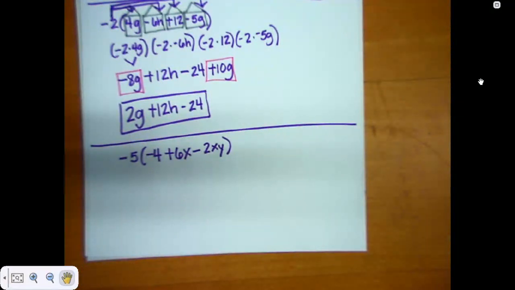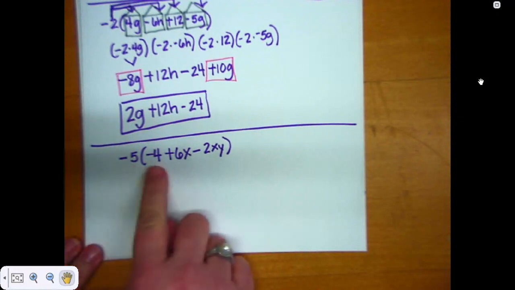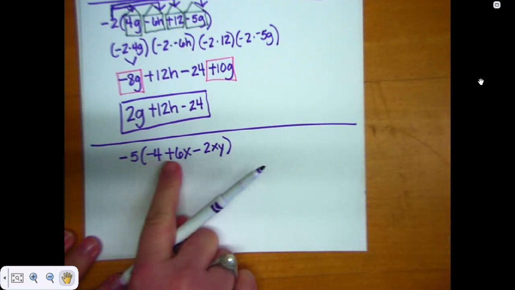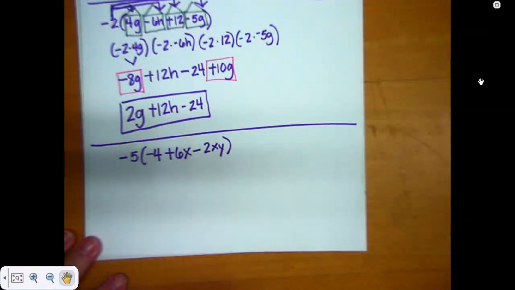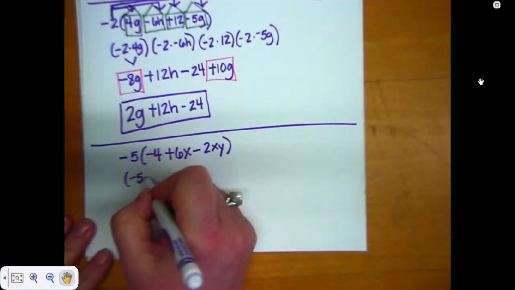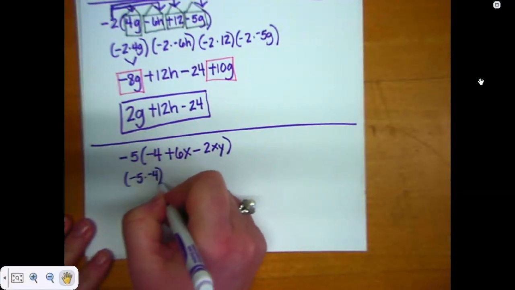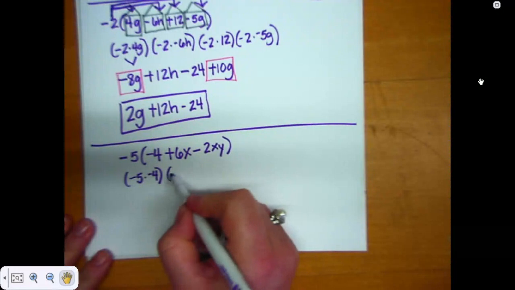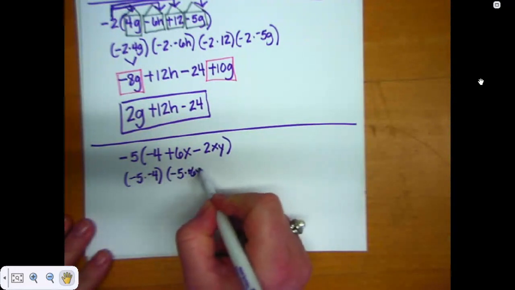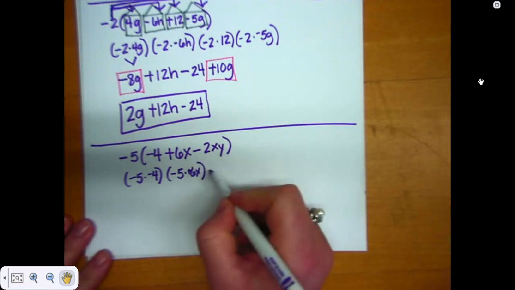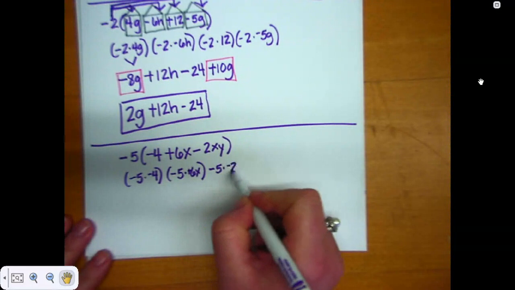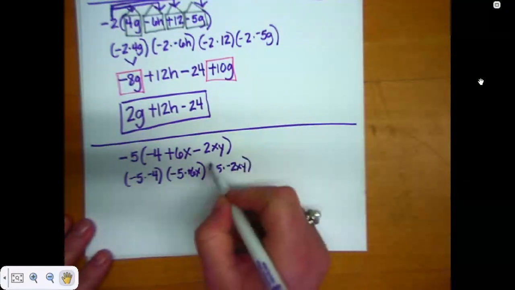So we're going to distribute the negative 5 to each term. So each term includes the sign in front of it. So negative 5 times negative 4. Negative 5 times positive 6x. Negative 5 times negative 2xy.